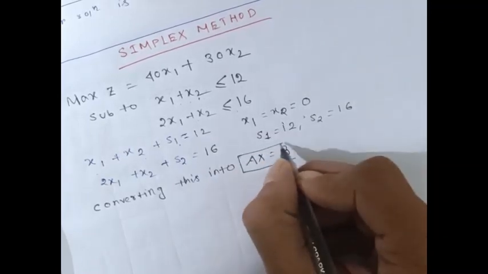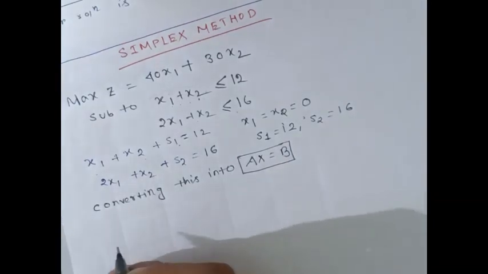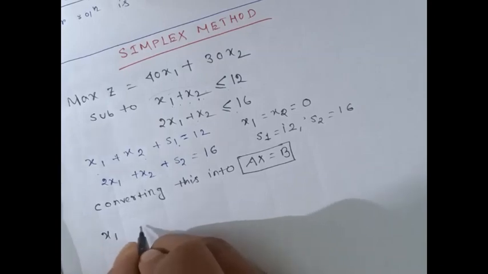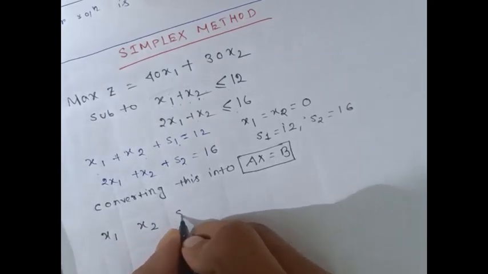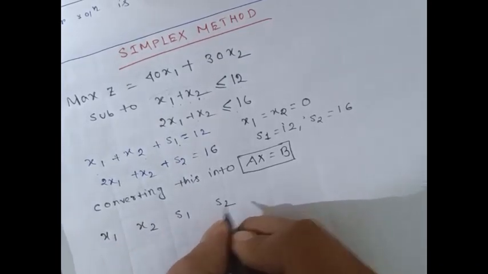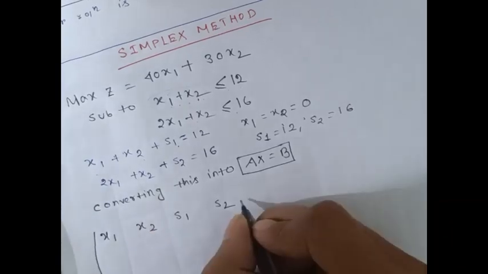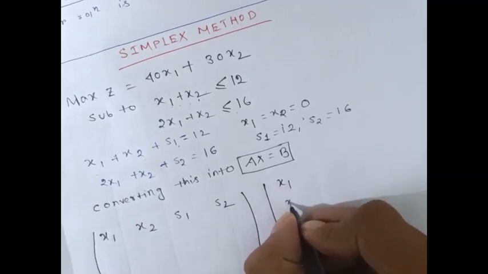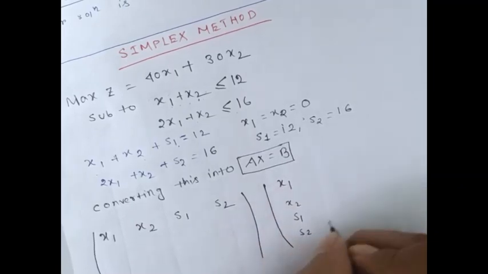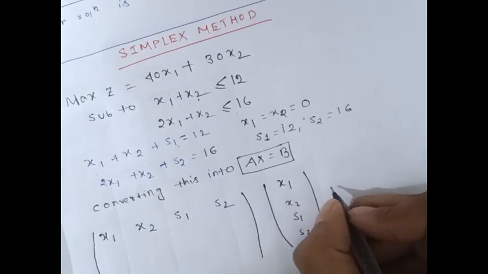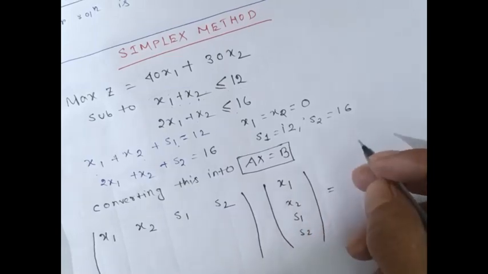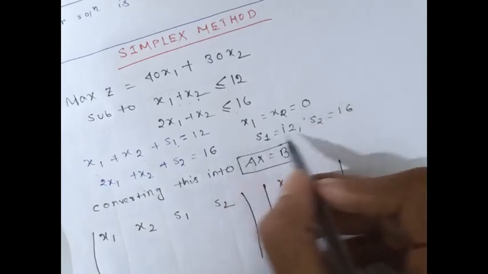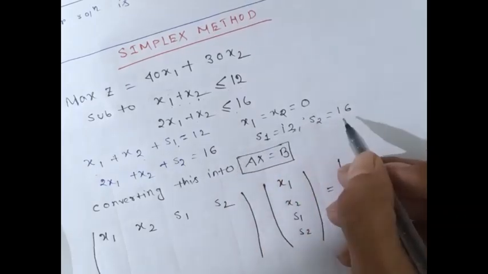This is the matrix form, with x1, x2, s1, s2 equal to 12 and 16.